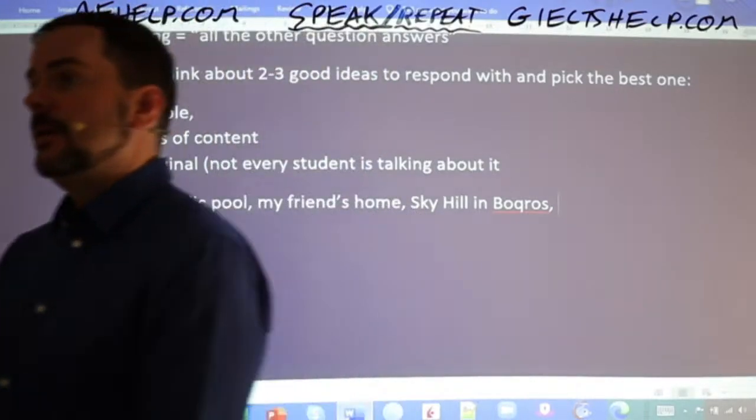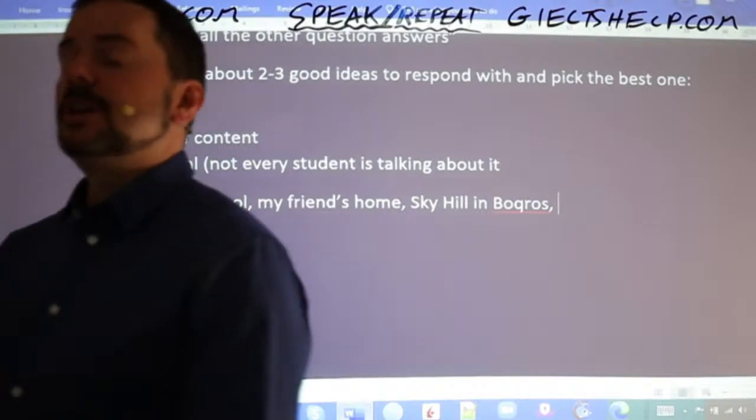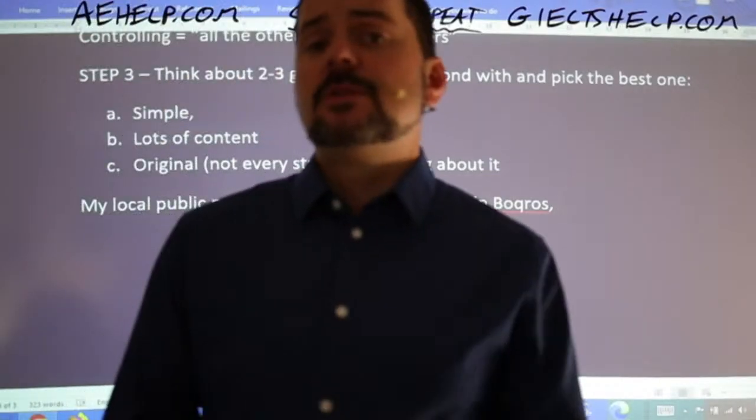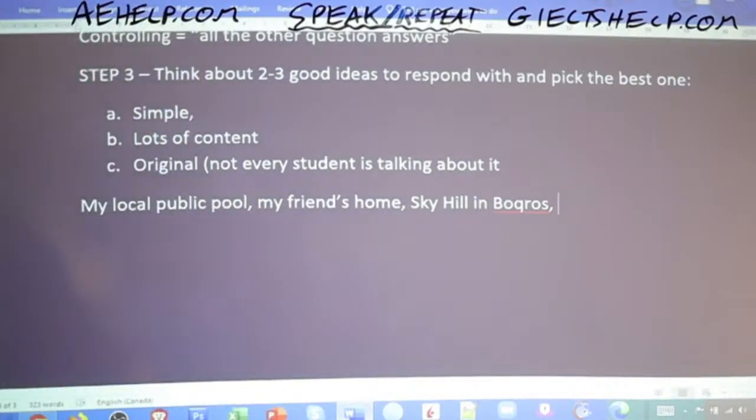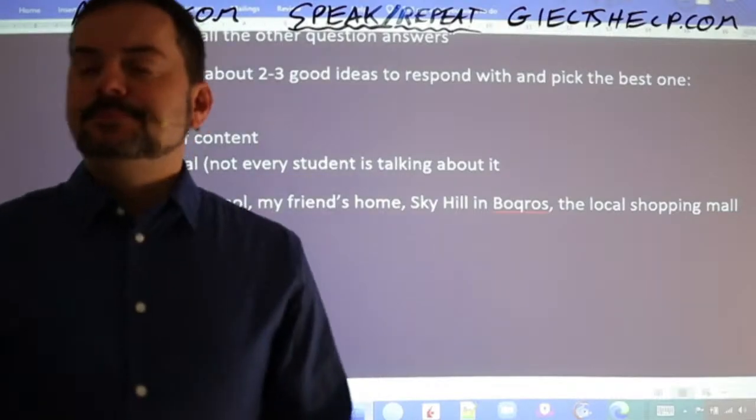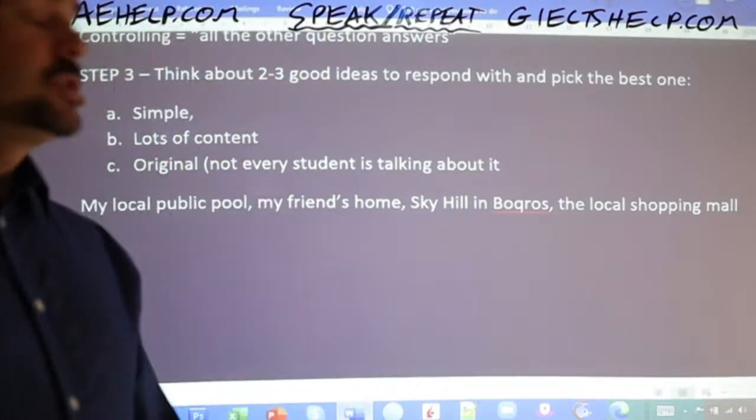Okay. All right. Akshay says some kind of industrial area. You want to be specific with that. If you can name the industrial area, it's much better. Okay. All right. Okay. So good.